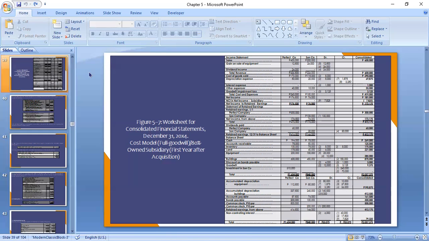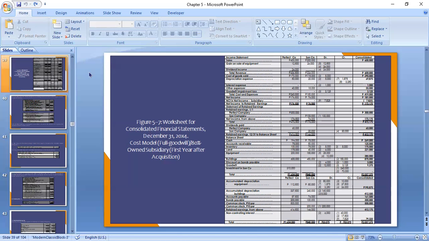So we have now discount on bonds payable 4,000. First adjustment is 1,000. That's on year one, because the life of the bonds is still 4 years. So the 4,000 discount on bonds payable, divide it by 4 years. That's why we have 1,000 a year for the amortization of discount.